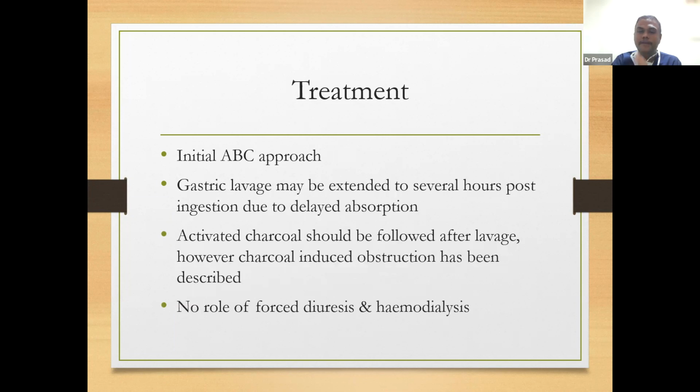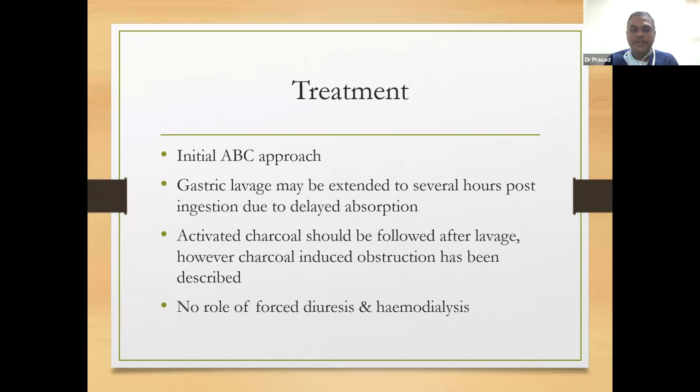Again, ABC: airway, breathing, circulation. Gastric decontamination by gastric lavage may be extended to several hours post ingestion due to delayed absorption. Initially, in my common approach, I said gastric lavage is preferably done within 1 hour of consumption, that is in the hyperactive phase of poisoning.